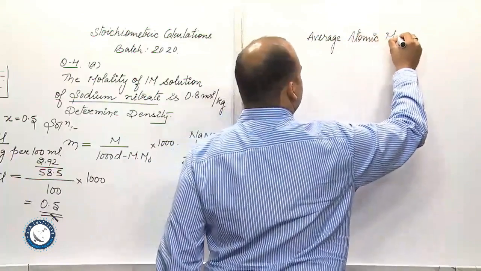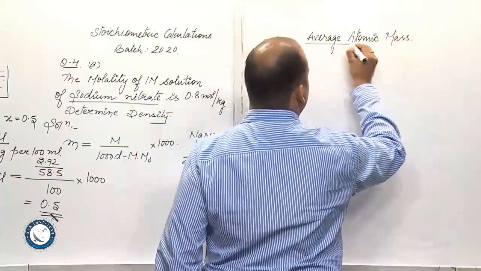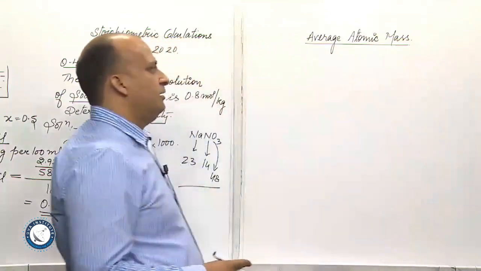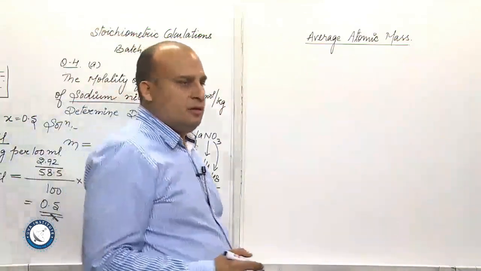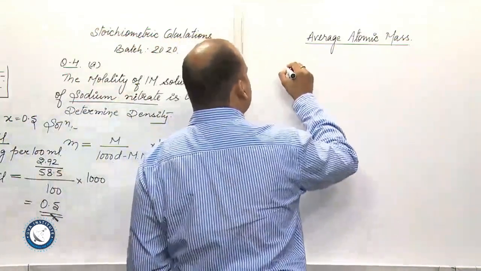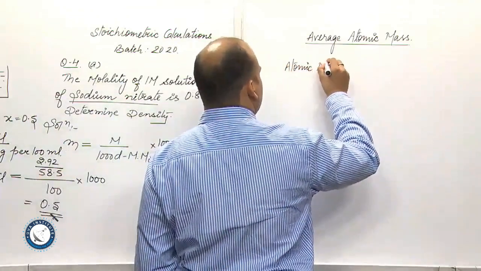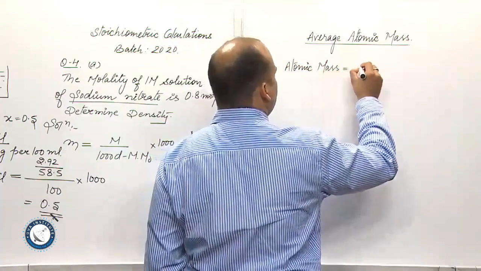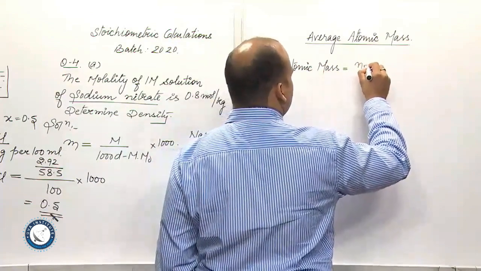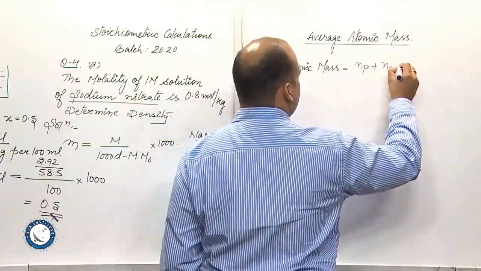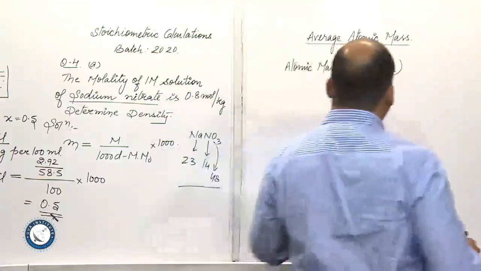You see, what is the concept with mass? See, we say that atomic mass is equal to number of proton plus number of neutron.